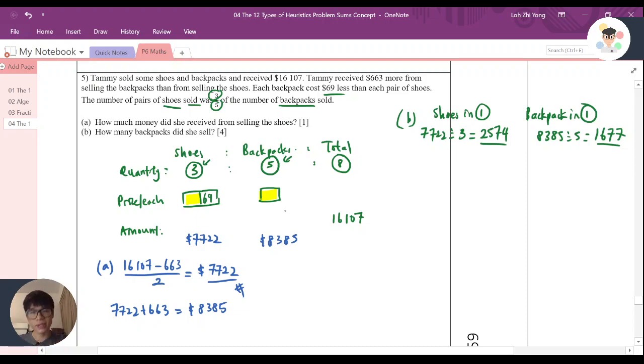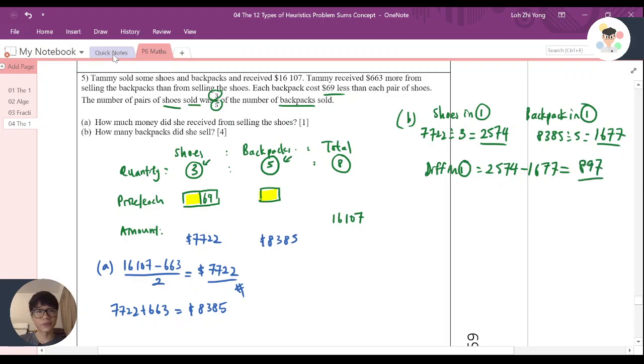However, when we compare in 1 unit, let's find the difference. 2574 minus 1677 is actually 897. This is the difference.